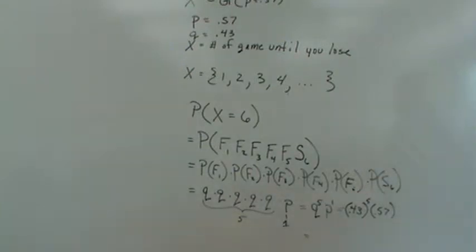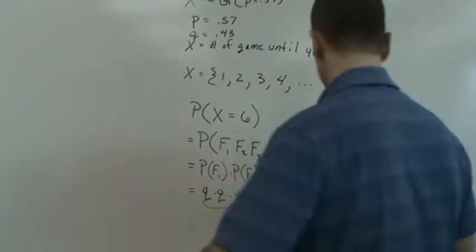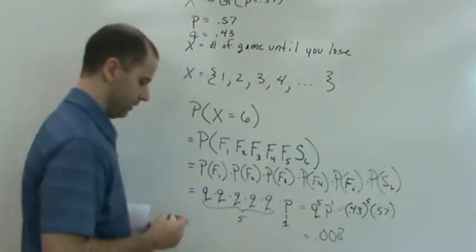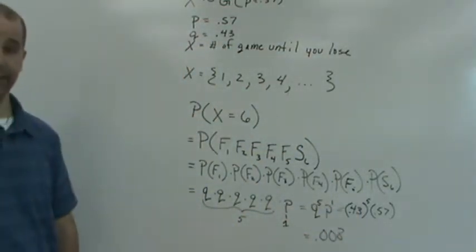I should have had mine out. So now, 0.43 raised to the 5th power times 0.57, and I get 0.008. So the answer is 0.008. That's it. We're done.